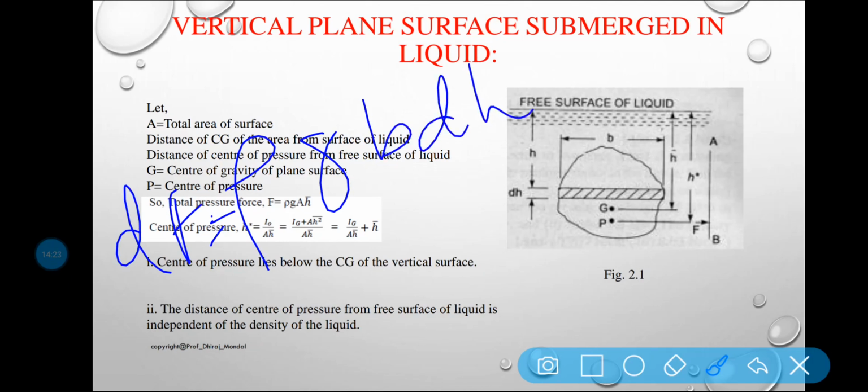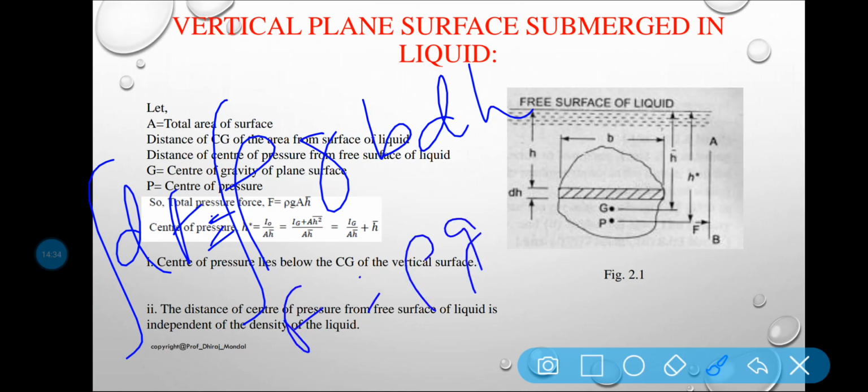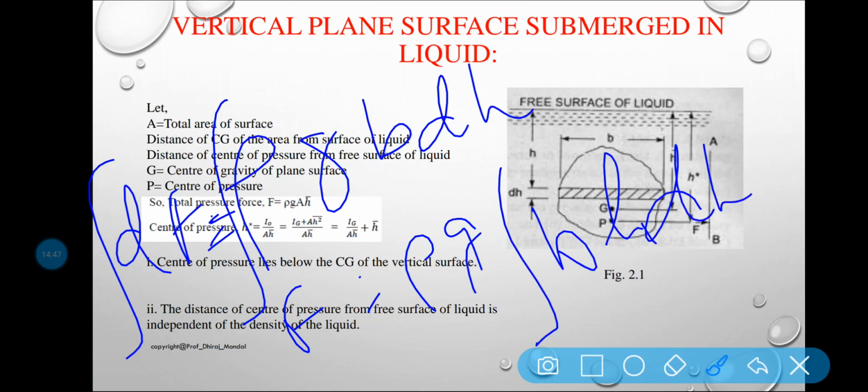Now if you want to find the total force, integrate this equation, and you will get F is equal to rho g integration of B into H into dH. Am I right?